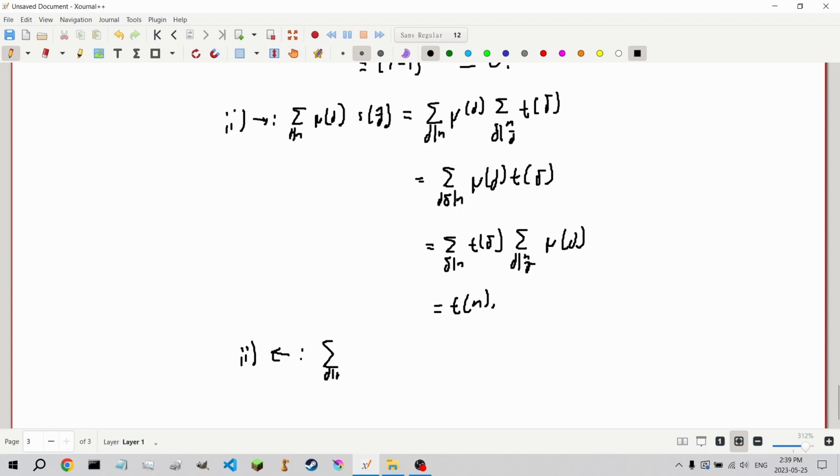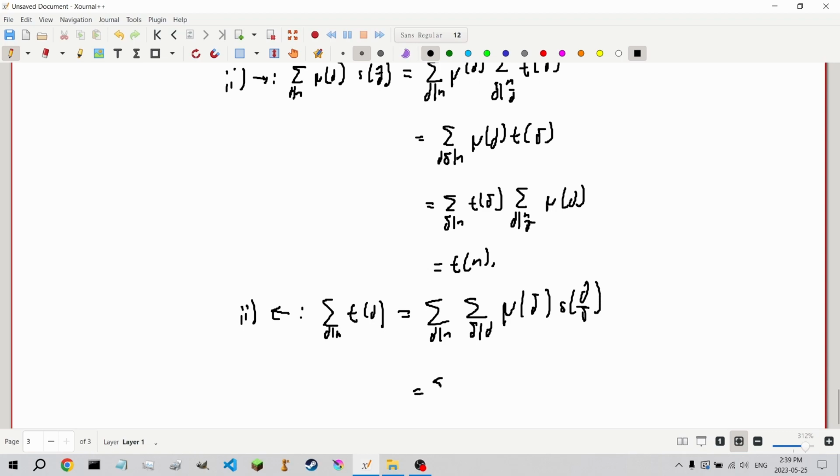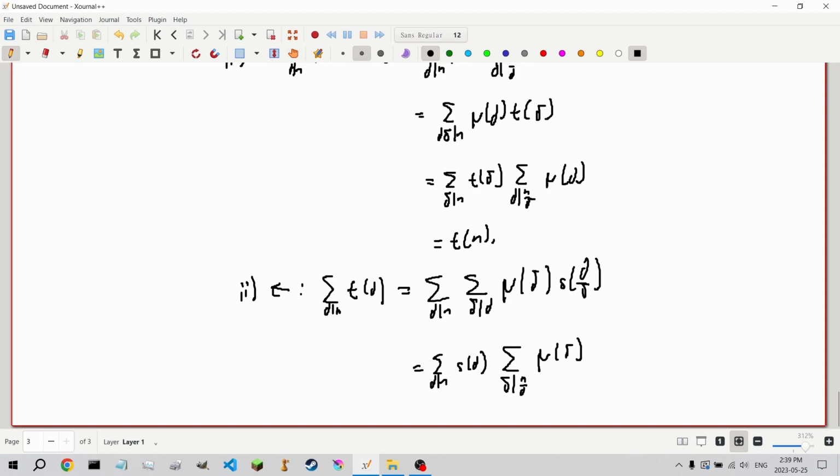So we have the sum of d dividing n of T of d is equal to the sum of d dividing n, then delta dividing d of Mobius of delta S of d over delta, which is the sum for d dividing n of our S of d times the sum over delta dividing n over d of Mobius of delta, which is our S of n. And that's our Mobius inversion formula.